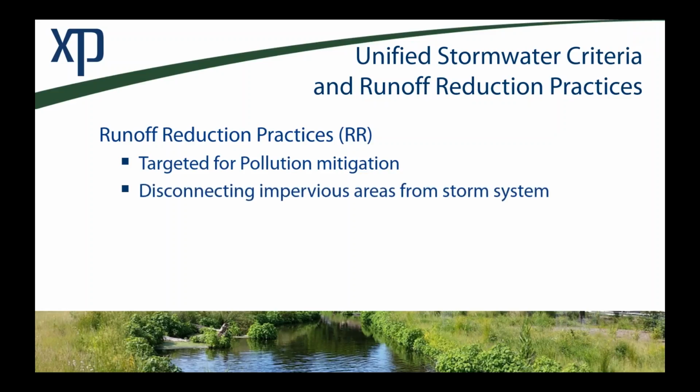So with this practice we're targeting pollution, and yes, runoff rates and volumes as well. But as we spoke about previously, for the volumes that we're going to hold on to, infiltrate and treat, we're making an assumption that that first flush, that minor volume event, is carrying with it all the pollutants.